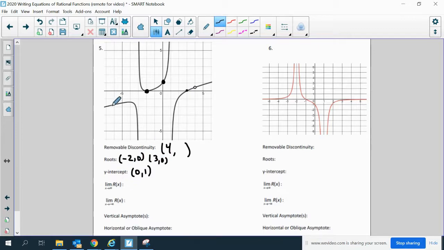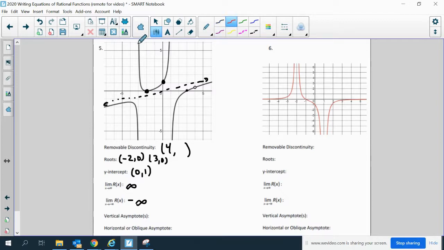It appears that we have some sort of oblique asymptote. So the limit as we go to infinity is infinity, and the limit as we go to negative infinity appears to be negative infinity. There is a vertical asymptote.